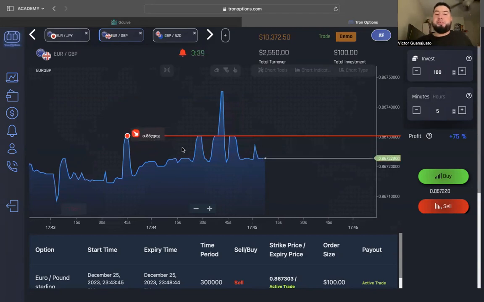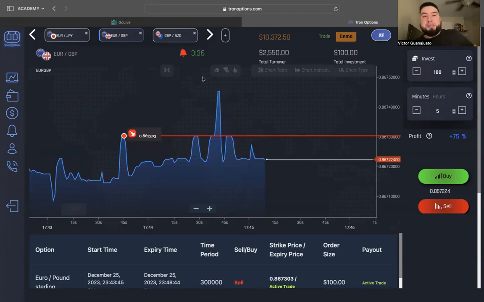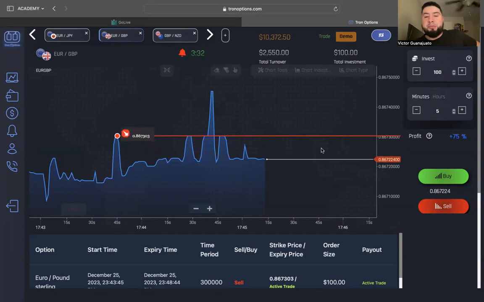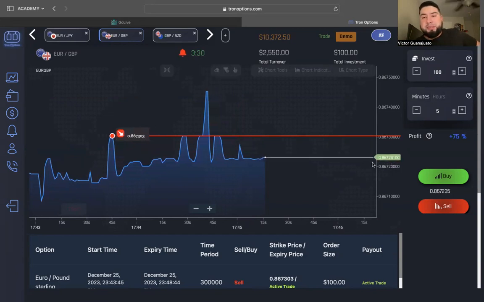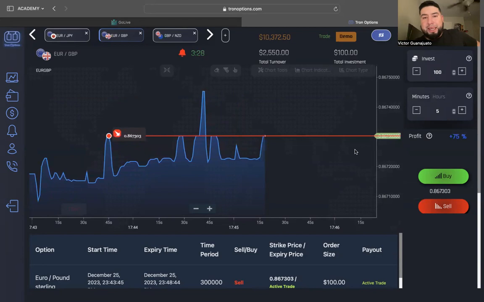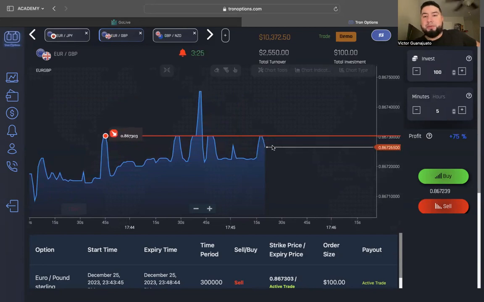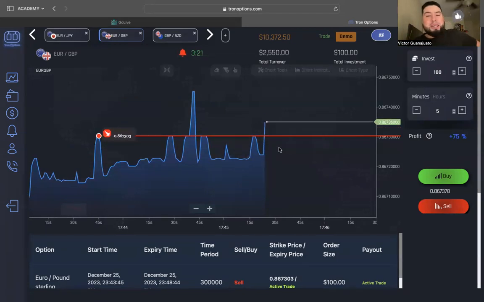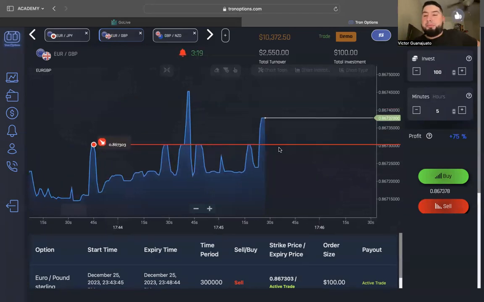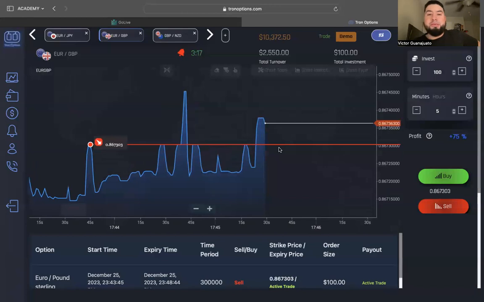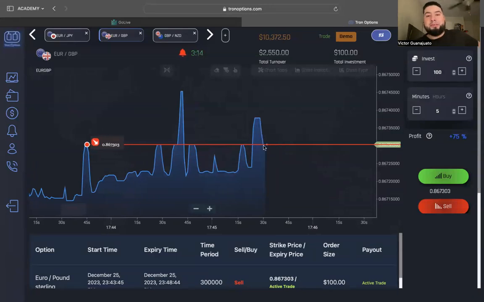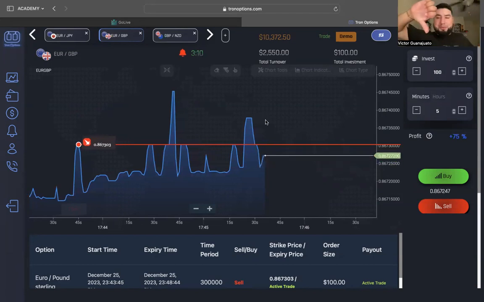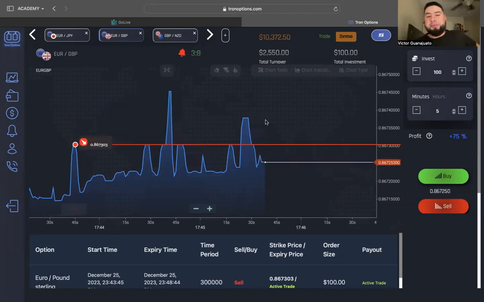If after 5 minutes, and you can see that it's already 3 minutes 30 left on the operation, the strike price ends below my red line, we win. Operation a W, we get a dub, and we multiply our money. But if it ends above my strike price, above my red line, what does that mean? That we lose.